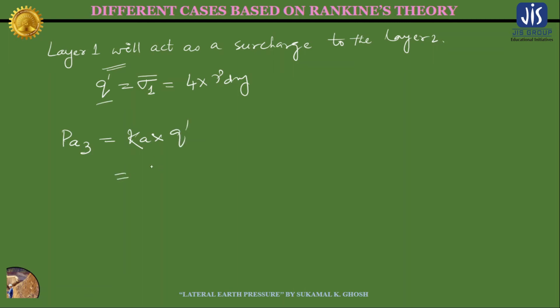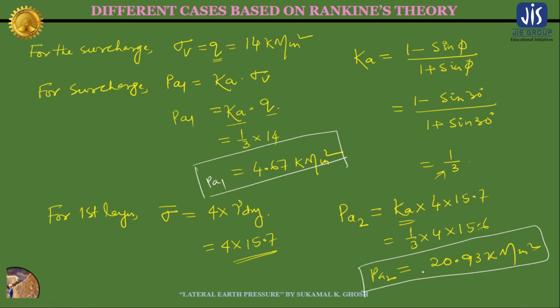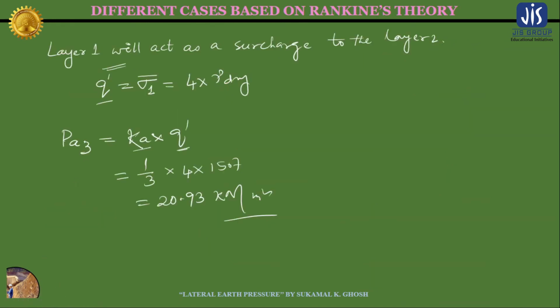So if you solve it, you will have K is 1 by 3 into this Q, which is 4 into gamma dry, 15.7. So you will have 20.93 kilonewton per meter square. Okay, see, this Pa2 was also 20.93, and this Pa3 is also 20.93.